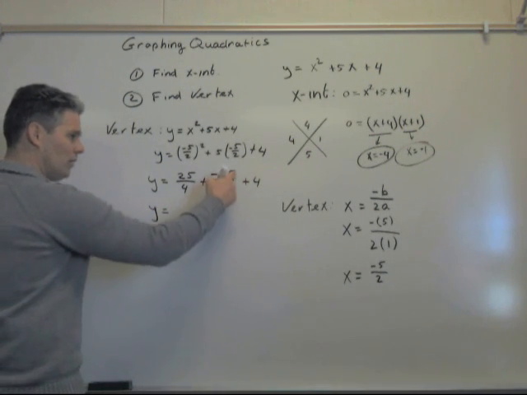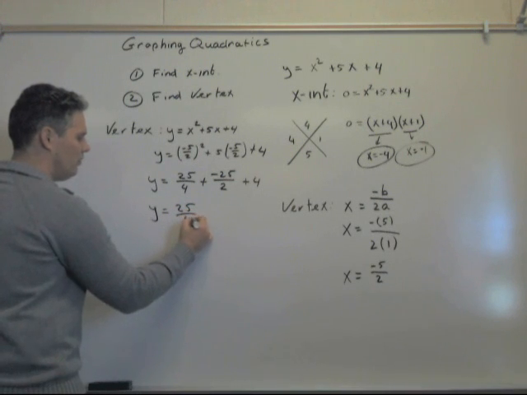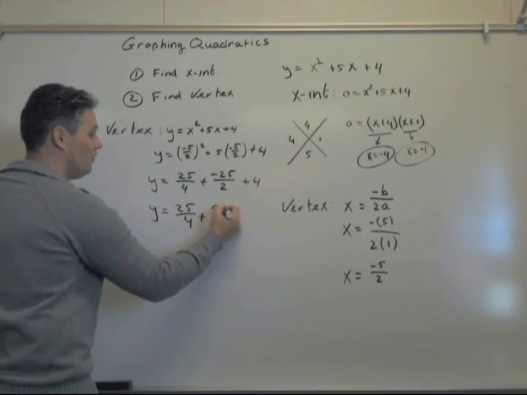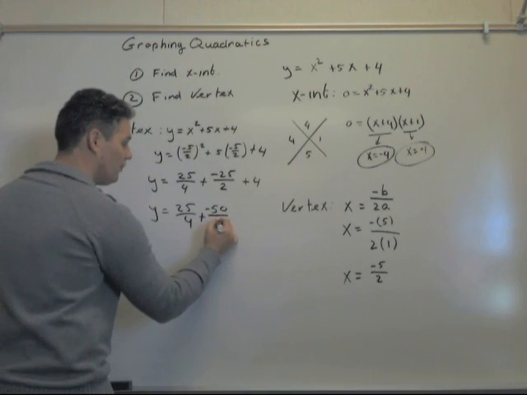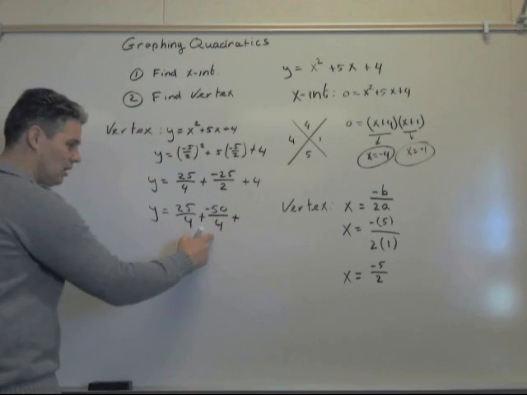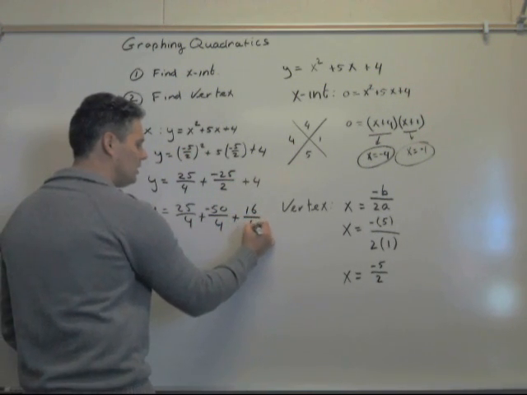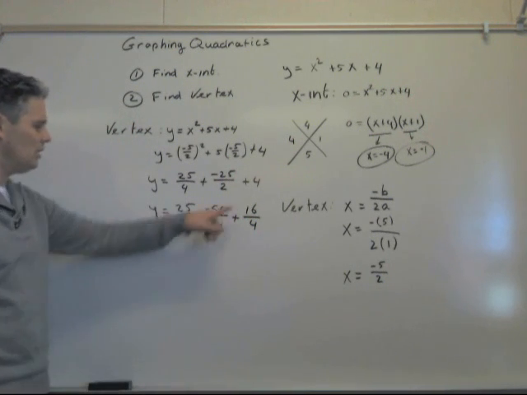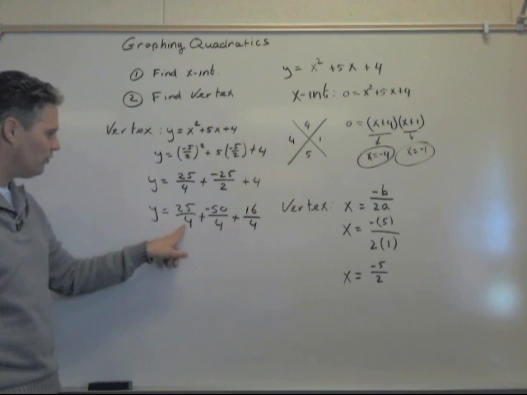So I'm going to multiply these by 2 over 2. So I get 25 over 4 plus negative 50 over 4 plus, I need to turn the 4 into a denominator of 4 too. Well, I can write the number 4 as 16 over 4, because 16 divided by 4 is 4. And now I have all the denominators of 4.